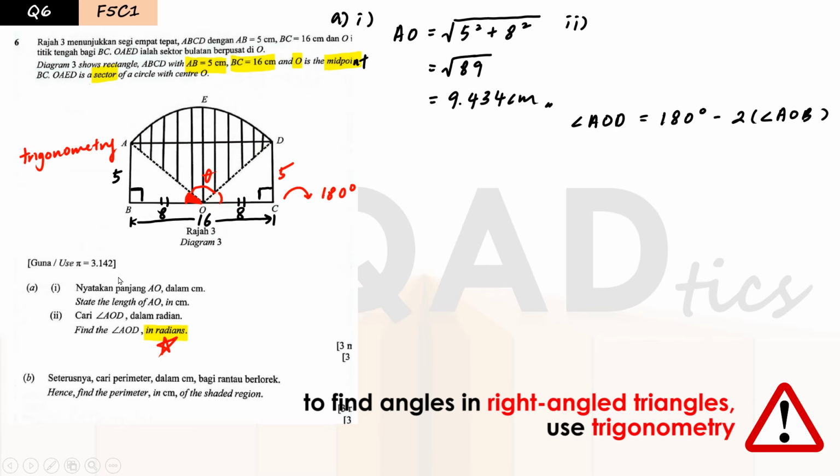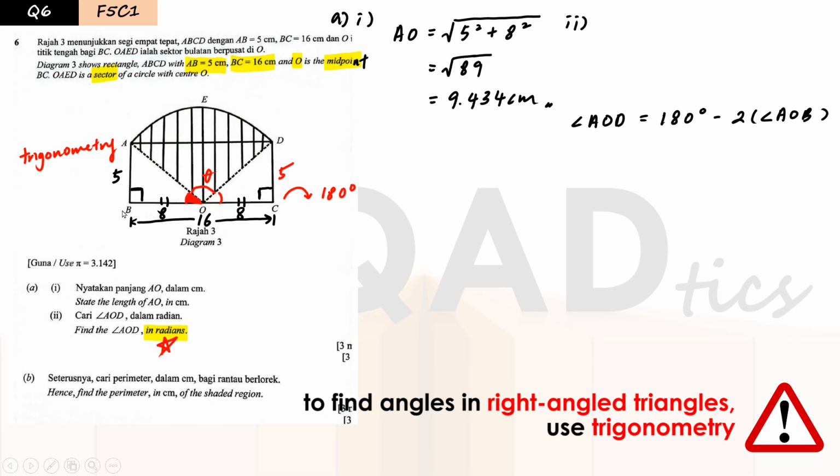So here, if you want to use sine, cos, and tan, we need to see for each of the lines here, what are they? Are they the opposite, adjacent, or hypotenuse? Right? So once we know each of the sides is opposite, adjacent, or hypotenuse, we can see which trigo function to use, and then we can find out the angle already.